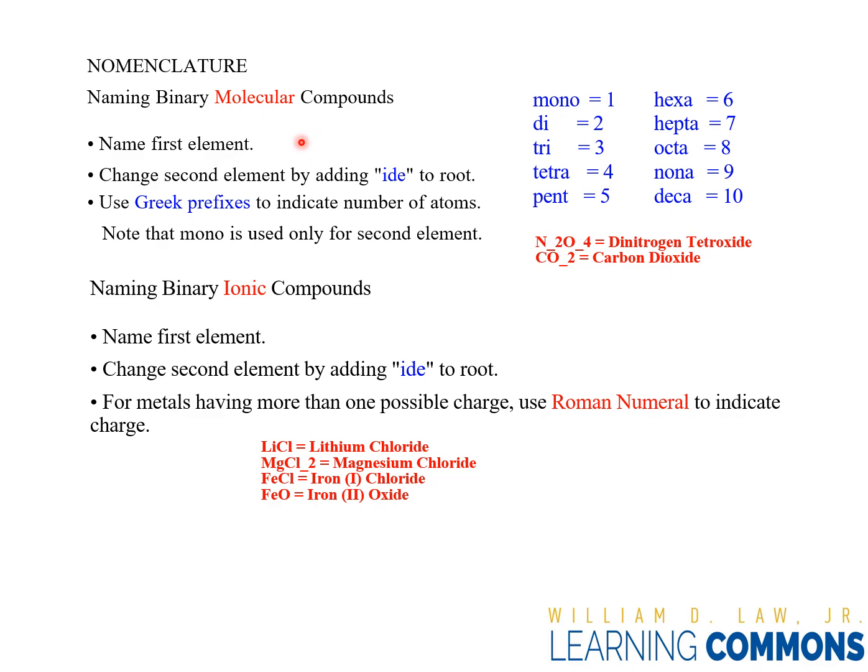Like nitrogen, I pick up the name from the periodic table, and I write it first. But for the second element, I have to change the suffix from the periodic table, and the last three letters to ide, and I change the root.